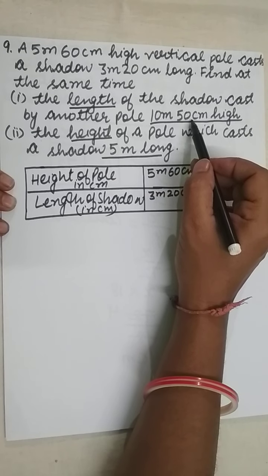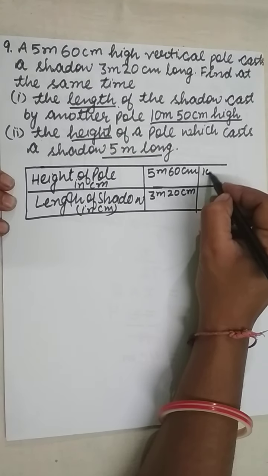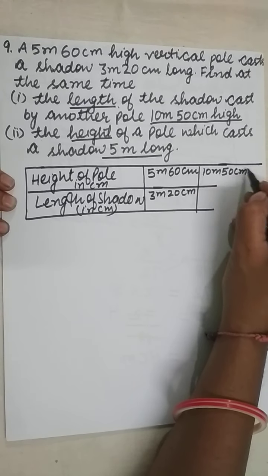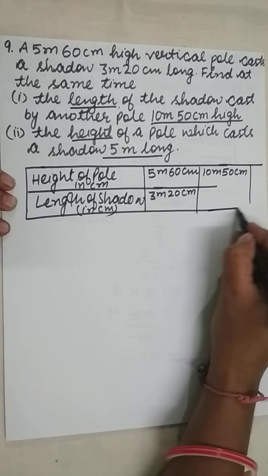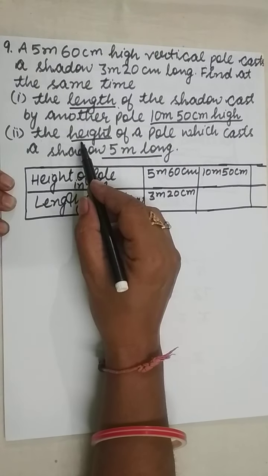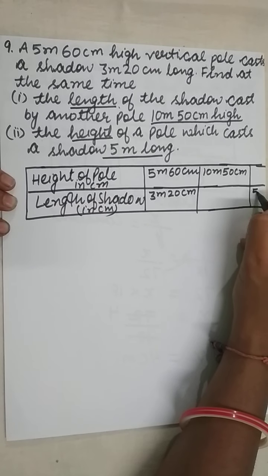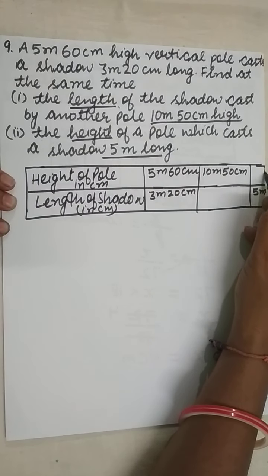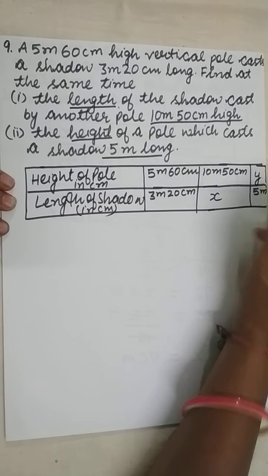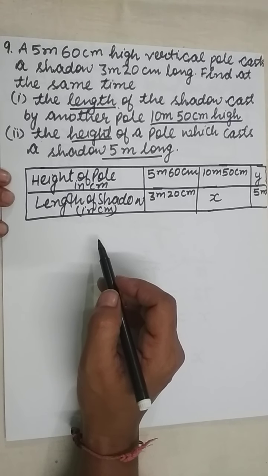Here the height of the pole is given and we are to find out the length of the shadow. The height is 10 meter 50 centimeter, and the second one is we are to find out the height of the pole where the length of the shadow is 5 meter. So now we can take it as x and this as y. Now firstly we will do the conversions.